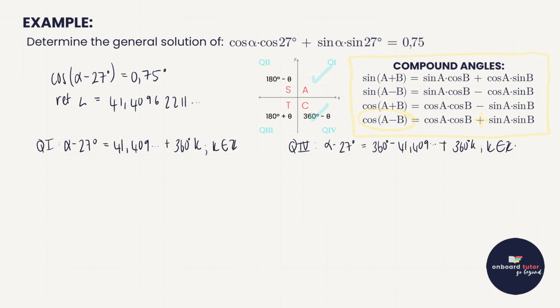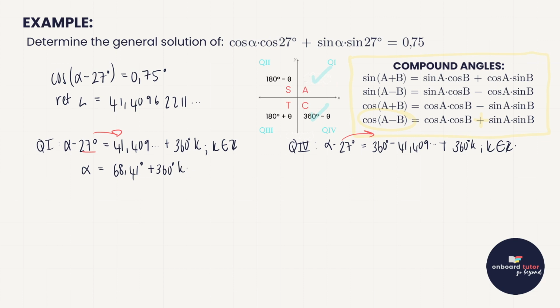Okay, now we can simplify. This 27 can move over. And that's going to happen on both sides. So our first solution there is going to be alpha is equal to, now I'm allowed to round off. This is my final answer here. So 68,41 degrees plus 360k.